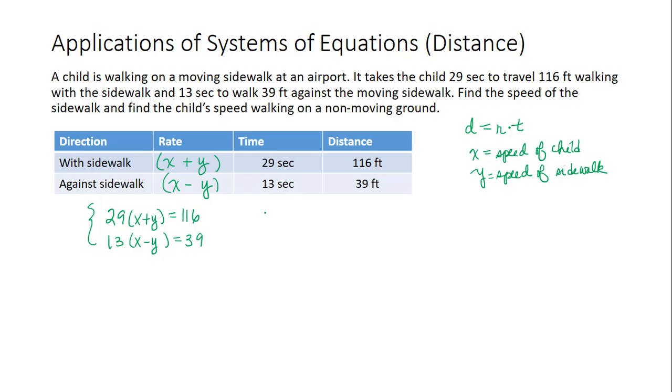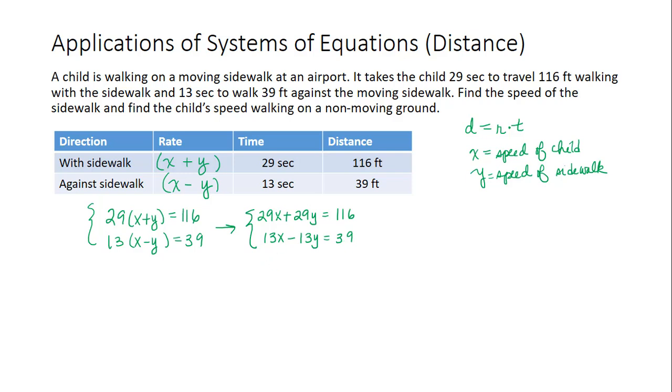Now if I simplify by clearing parentheses, applying the distributive property, the first equation is equivalent to 29x plus 29y equals 116. And the second equation is 13x minus 13y equals 39.